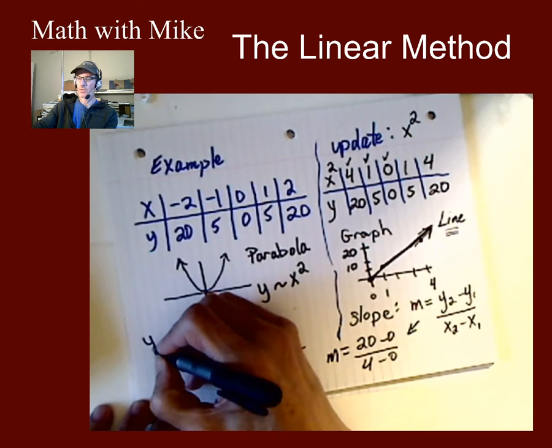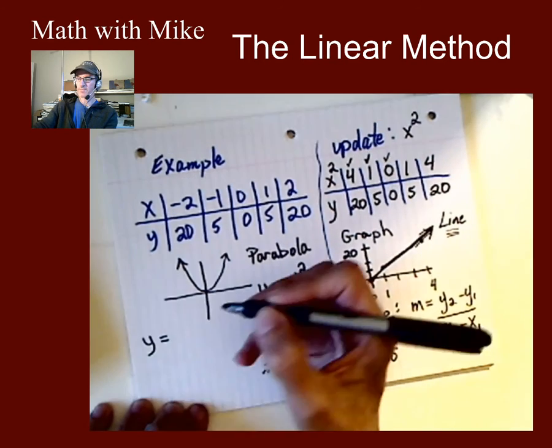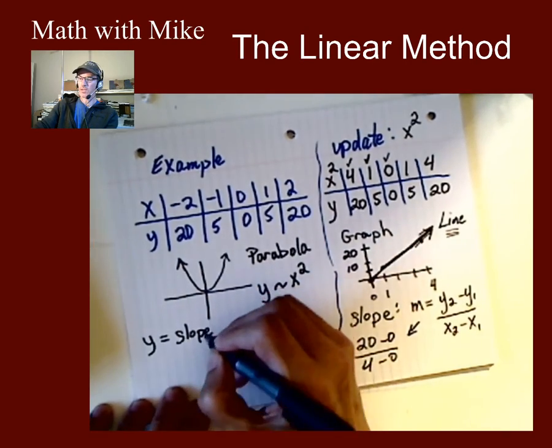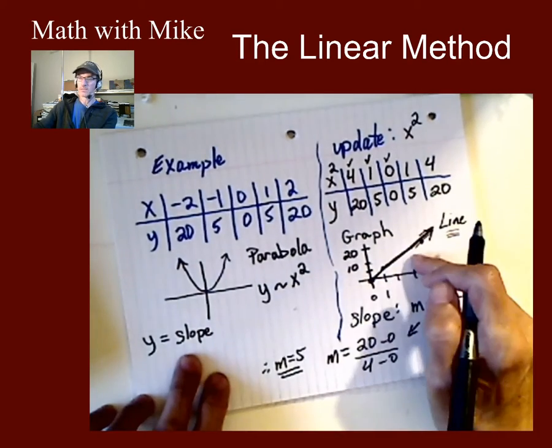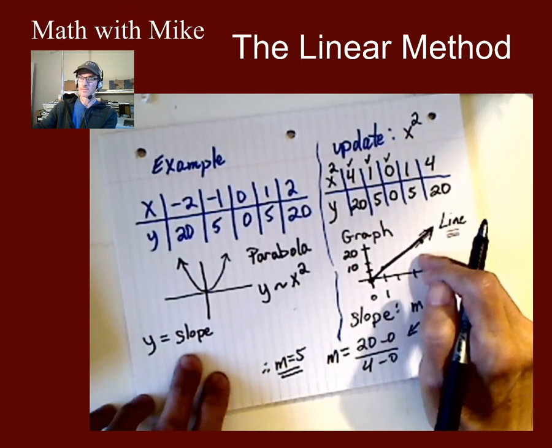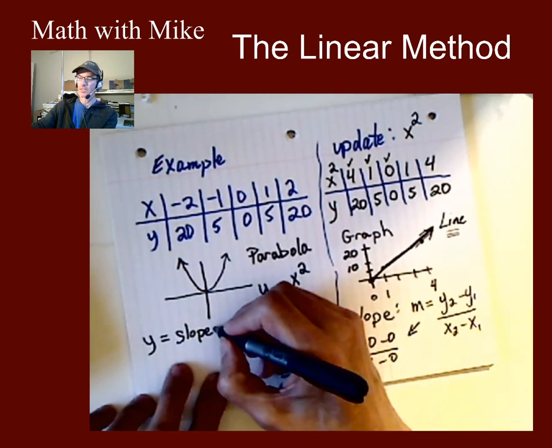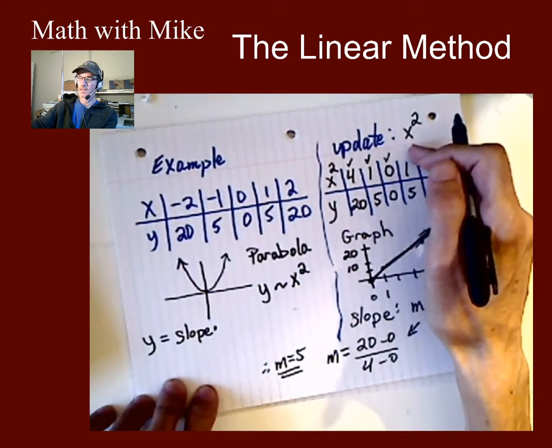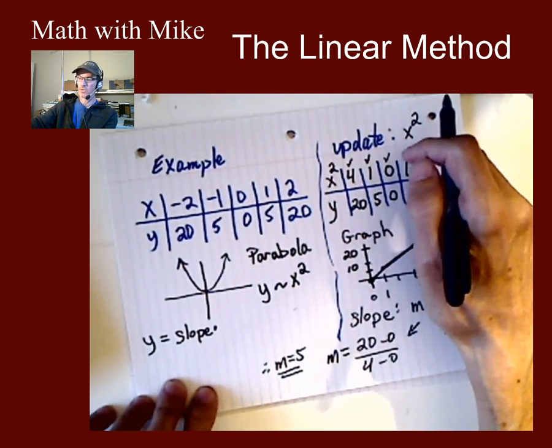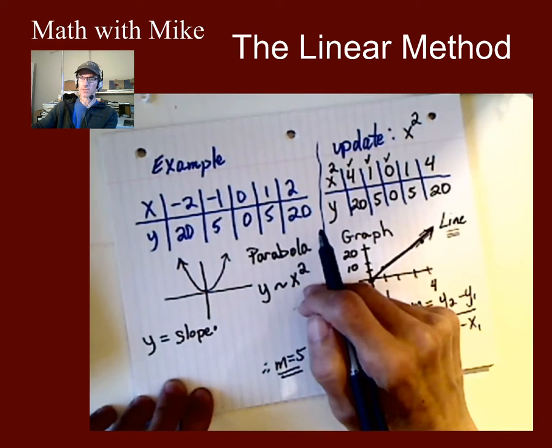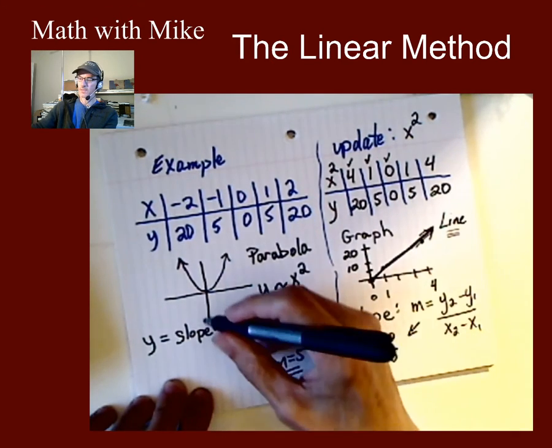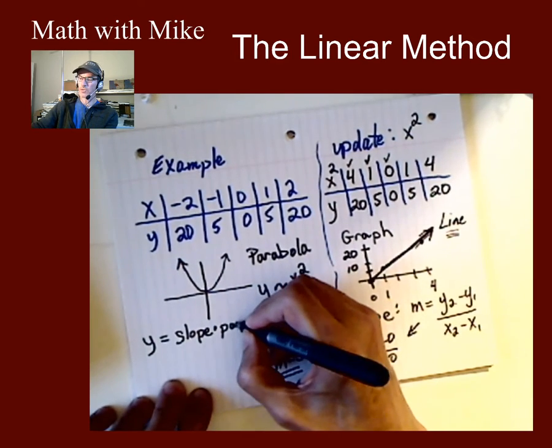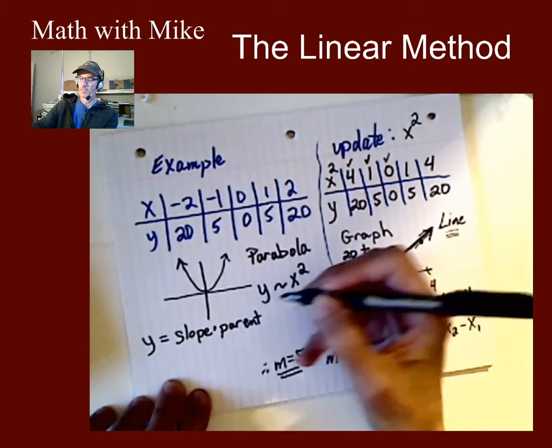It's always going to be the y value, multiplied by the slope that you find when it's a line, and then multiplied by the updated x, or the parent function.